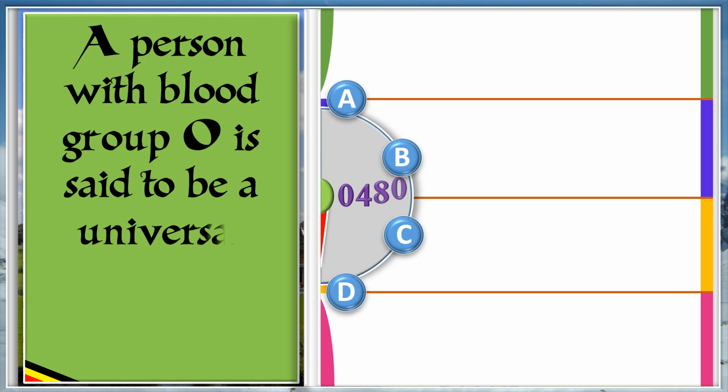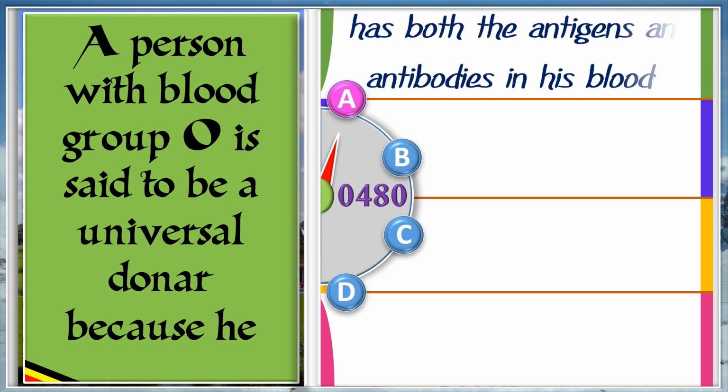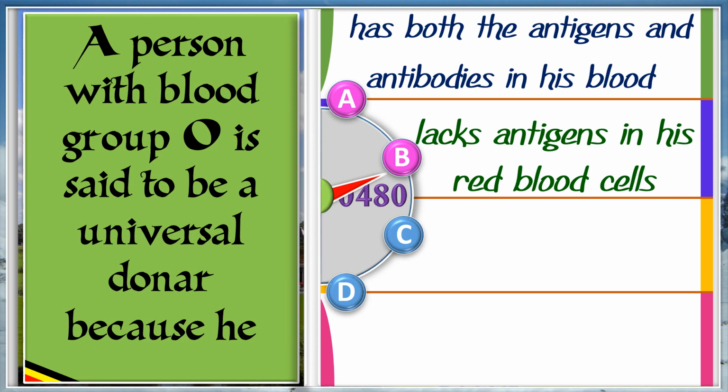A person with blood group O is said to be a universal donor because he: A. has both the antigens and antibodies in his blood. B. lacks antigens in his red blood cells.